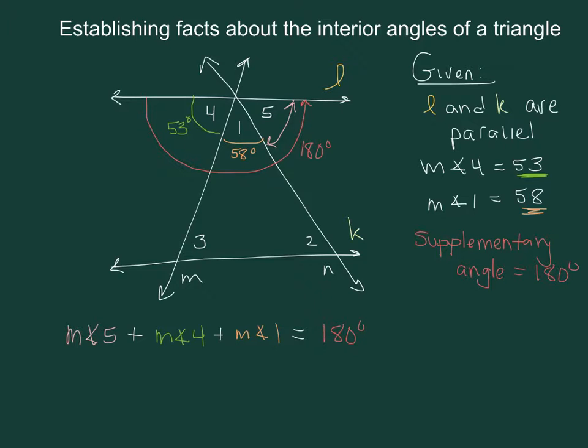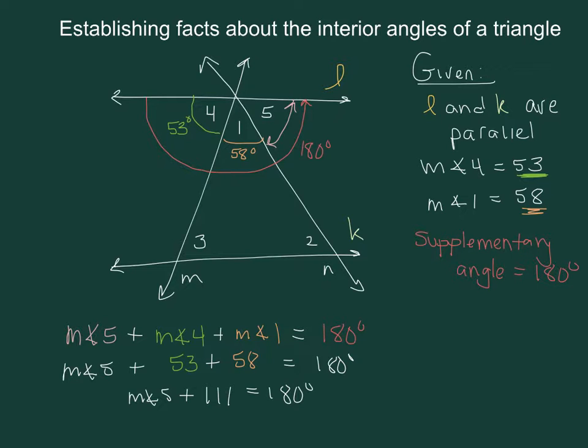So this is just some straight basic arithmetic. 53 plus 58: 8, 9, 10, 11, carry the 1, 5 plus 5 is 10, plus 1 more is 11, so I have 111 degrees, and add that to the measure of angle 5 equals 180 degrees.